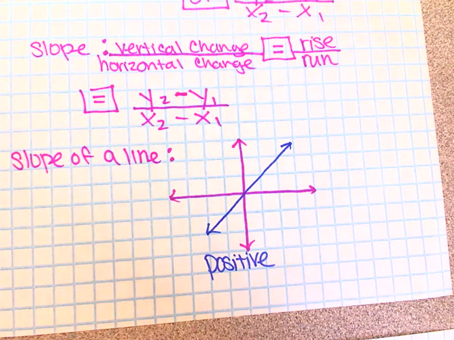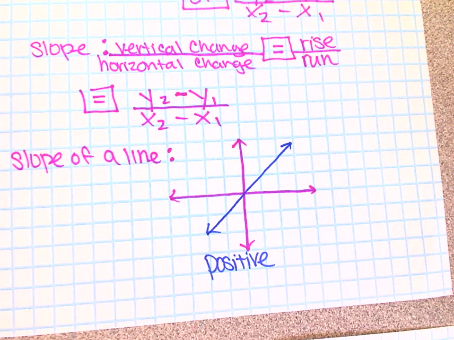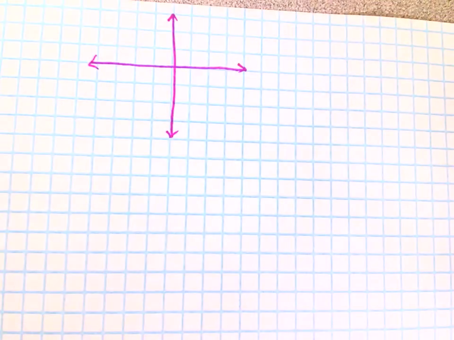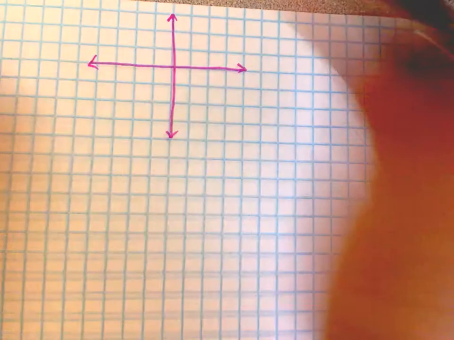Then you're going to have a negative slope. I'm going to draw it really quick. And then I'll show you. Everyone got the first one? Yes? Thank you for answering. Okay. You're going to have a slope that might go down, so now it's going up and to the left.